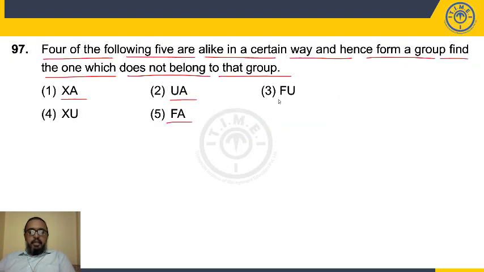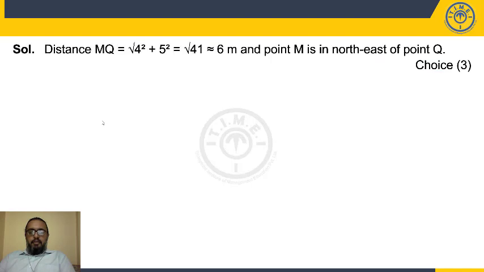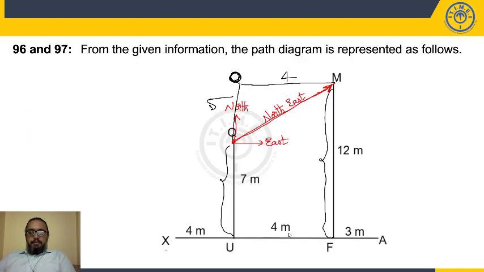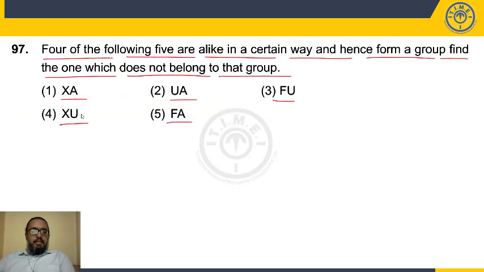Okay. Then FU and XU. Let us see that. FU. Now F is to the right of U. XU. X is to the left of U. Correct? So except for FU, remaining all options are, the first point is to the west of the second point. So hence my answer is FU.